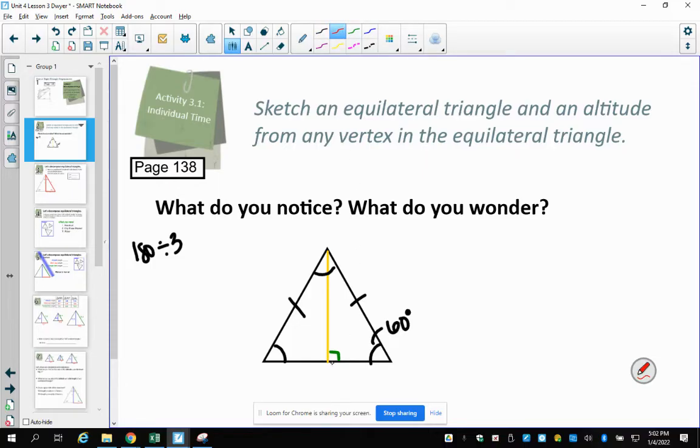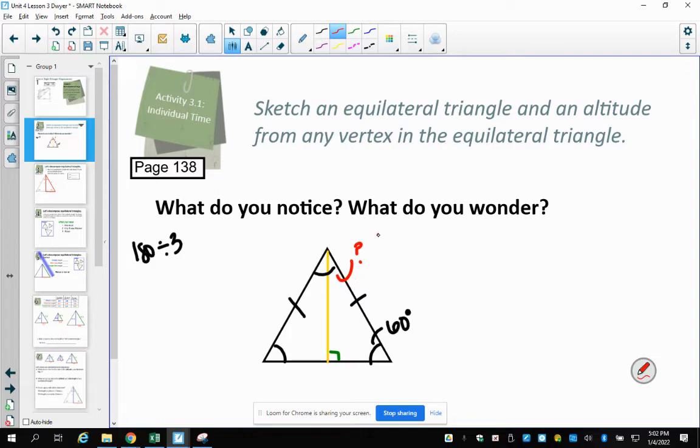This 90-degree angle. Okay, maybe you wondered about this angle. Or since the title of the lesson is half an equilateral triangle, maybe you wondered if the altitude splits the equilateral triangle in half. Are these two pieces identical? Maybe you didn't wonder how big this angle was.